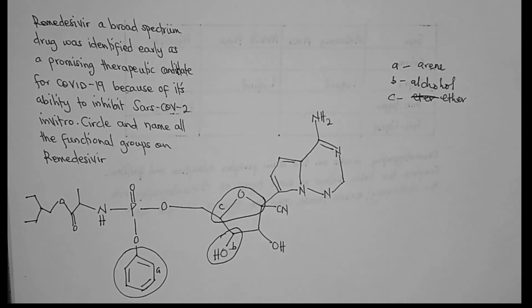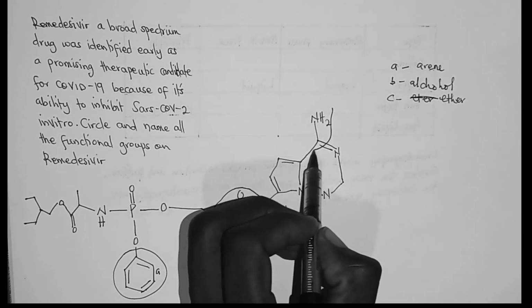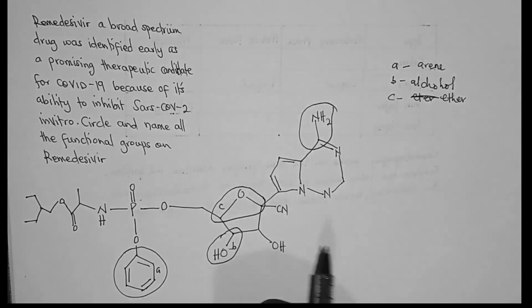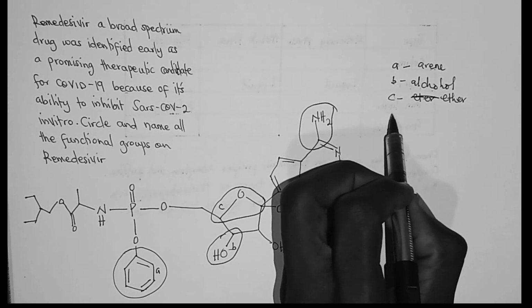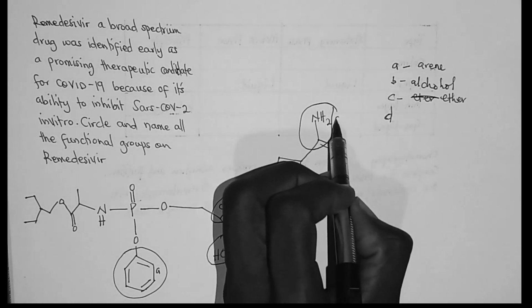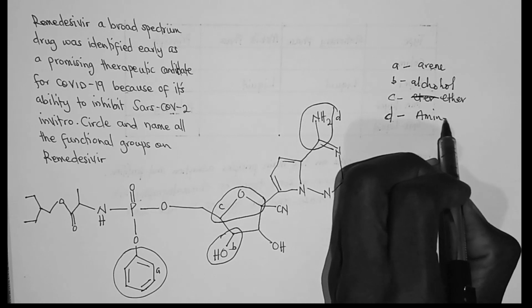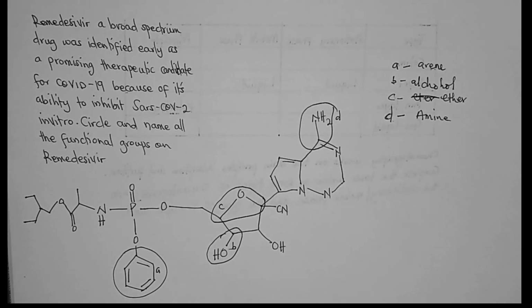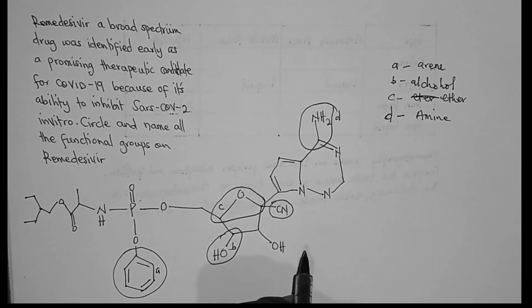And then the next functional group we can identify here is this functional group. And then carbon bonded to NH2. So let's say that is D. And that is an imine functional group. And then there's this functional group here. It is called a nitrile.